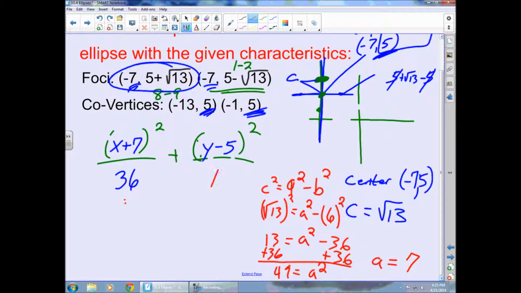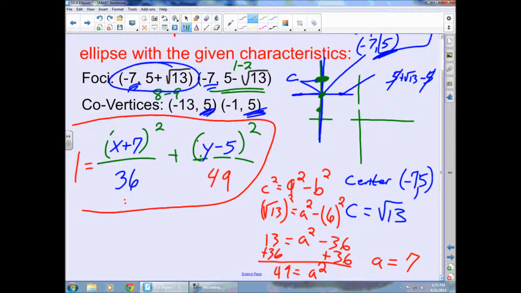And then a squared would be 49. Don't forget to put equals 1 to finish out your formula. And so here's the equation of an ellipse that has a vertical major axis. And we can look at the equation and know it's vertical because a is underneath y minus k.